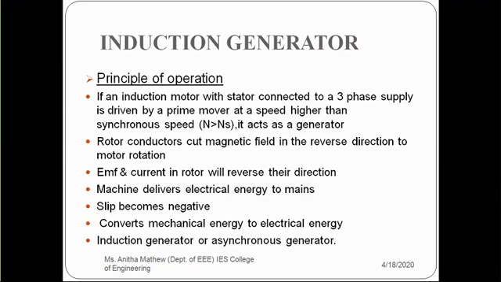Slip becomes negative. Why does slip become negative? The equation for the slip is (ns minus n) by ns, that is, the difference between the synchronous speed and the rotor speed. Slip becomes negative means n is a greater value than ns, so (ns minus n) by ns will become a negative value.